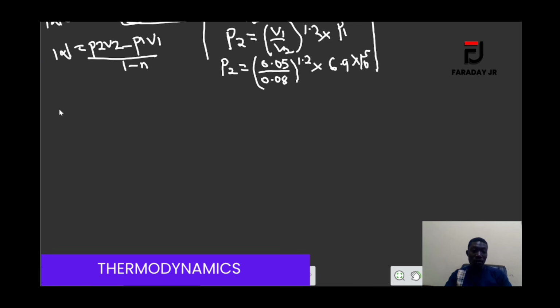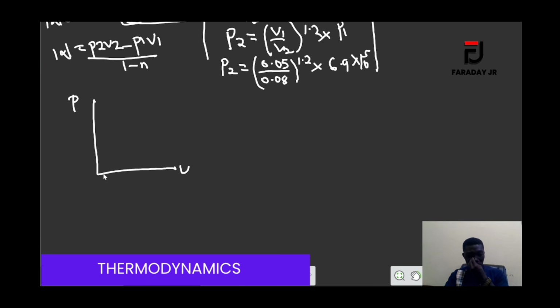Now the diagram, we're supposed to sketch it. So how do you go about it? First of all, you draw your volume axis, so this is your PV diagram, and this is your P here.